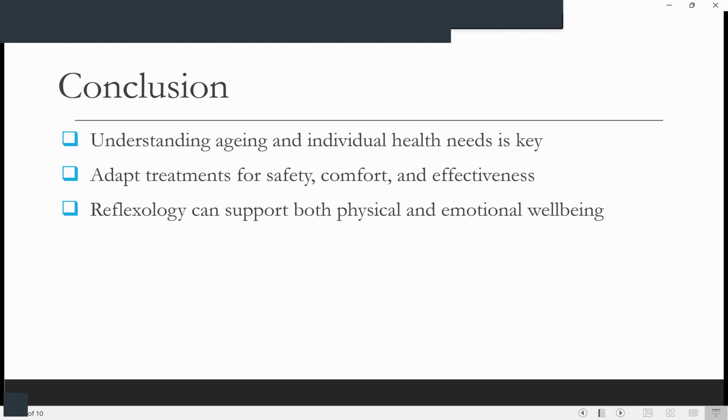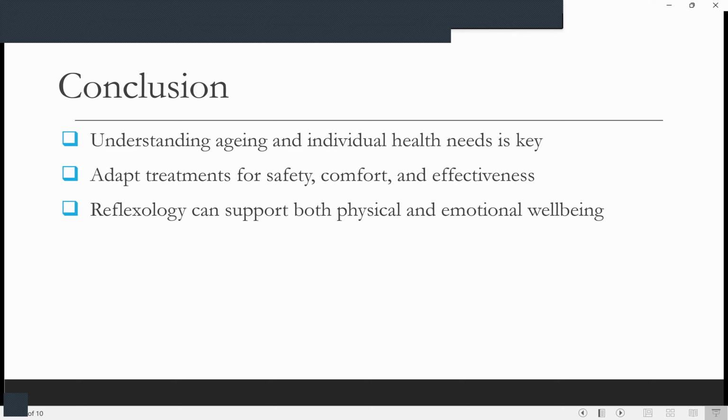Understanding aging and individual health needs is key. If the client has different morbidities, then you need to understand the effect of those morbidities on the client, and you need that to adapt your treatments. Adapt treatments for safety, comfort, and effectiveness.